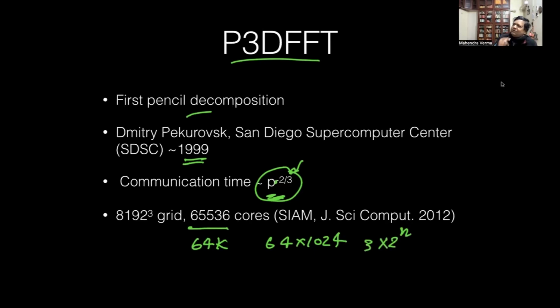Though we have FFT for any number of data points, it's most optimum for 2 to the power n. Why? Because branching in a tree is optimum for 2 to the power n. So this was for 8,000 cube. It was published in 2012.